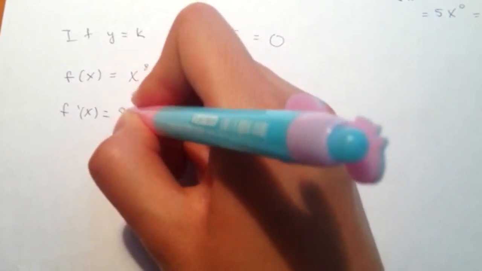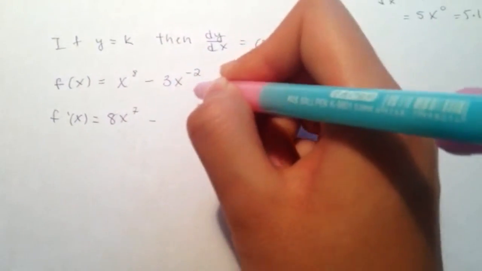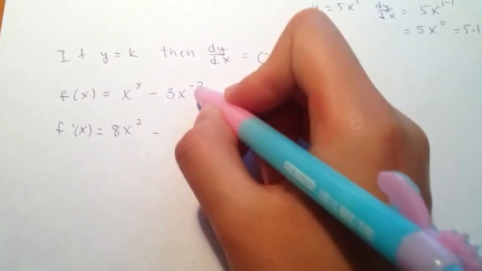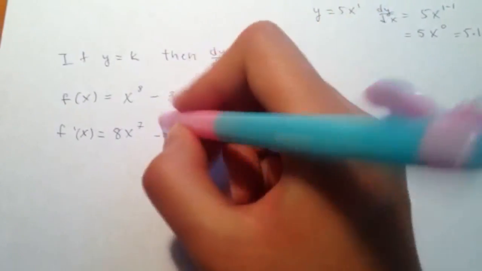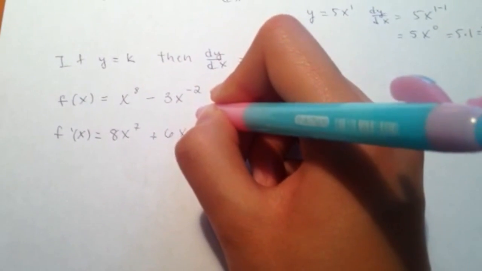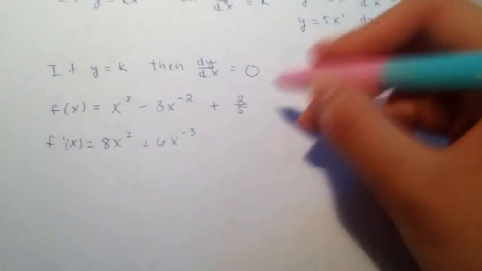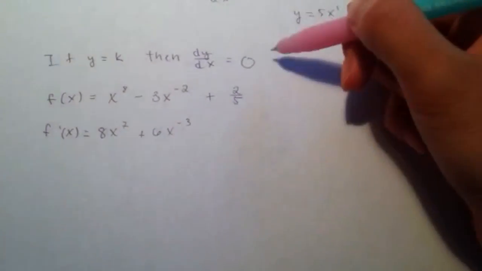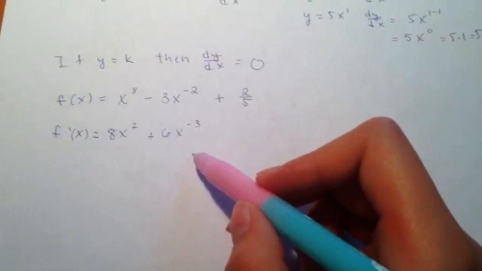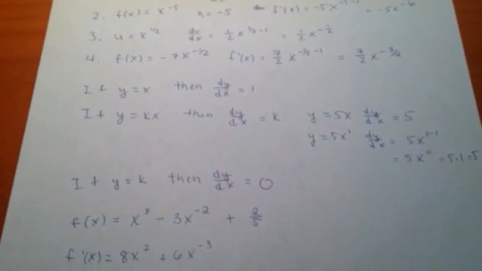So it would be 8x to the 7th, minus negative 3 times negative 2, which would be positive 6, so you plus 6x to the negative 2 minus 1, which is negative 3, and then 2/5 would just be a constant according to this rule, and that would be your answer. And that is the power rule.